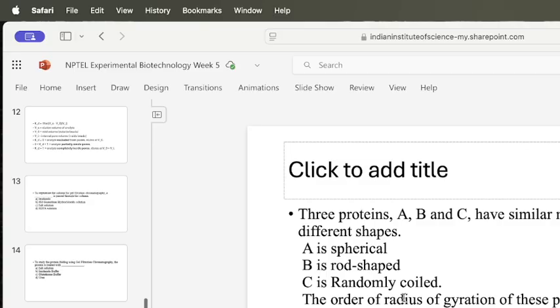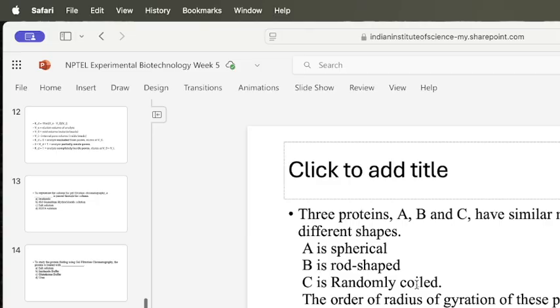Now, depending on this, what will be the order? The protein that is spherical will have the maximal radius, so that will have the highest radius of gyration. That is why your RA will be the highest.